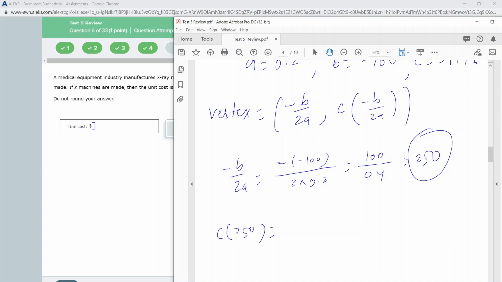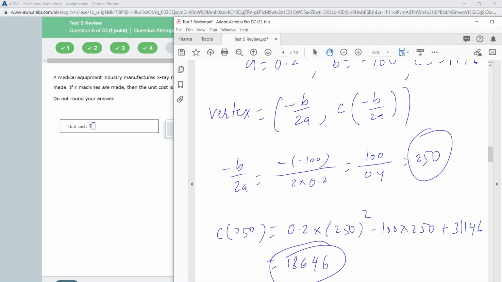So this will be 0.2 times 250 squared minus 100 times 250 plus 31,146. This calculation gives you 18,646. So this is the value of the cost.